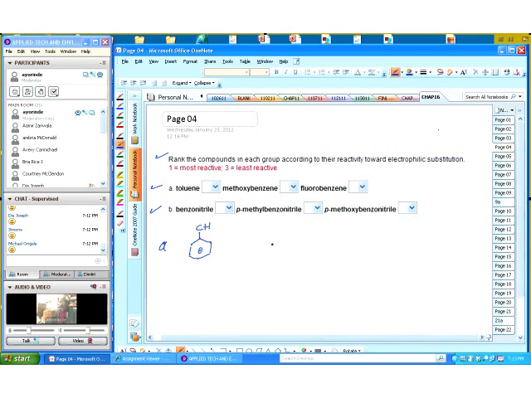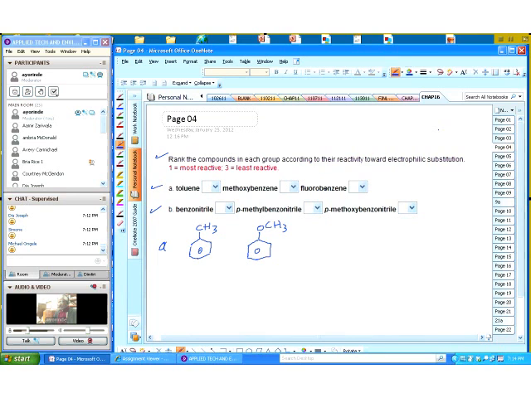That is your toluene. And then the next one, methoxybenzene. Methoxybenzene, of course, is this molecule here. So, folks, you need to know your nomenclature because this is just pure memorization at this point. This is your methoxy group.